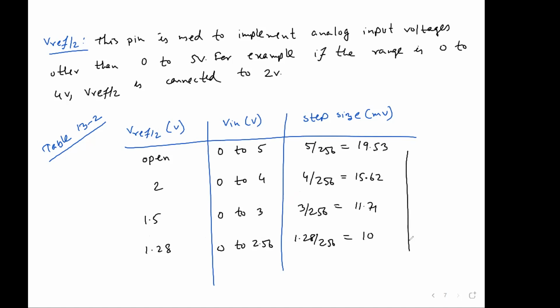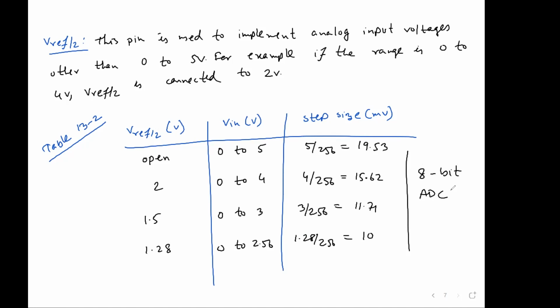Now this is very obvious. The only simple question is, why is the denominator 256 every time? This is also very obvious because this is an 8-bit resolution ADC. So that's why the denominator is always 256. But the numerator is my reference voltage, which may change based on the connections or ranges.